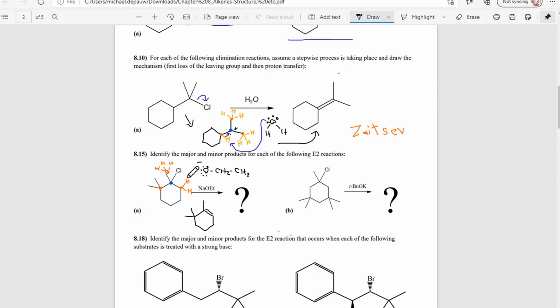Now, strong bases are also good nucleophiles. So you might ask, why doesn't this just come down and attack here and kick out the chlorine? Well, the answer is because it can't really do that. That chlorine is on a tertiary carbon, and so it's very sterically hindered. So that's not going to work well for it.